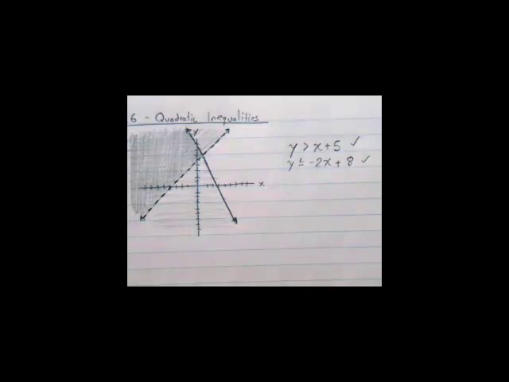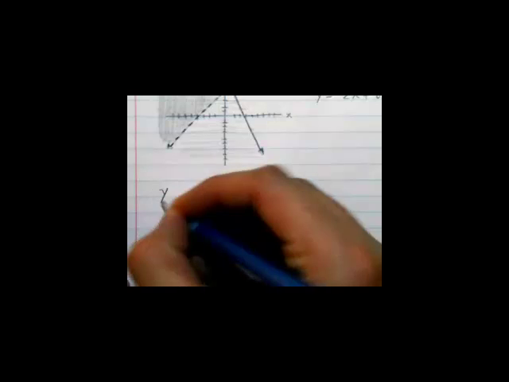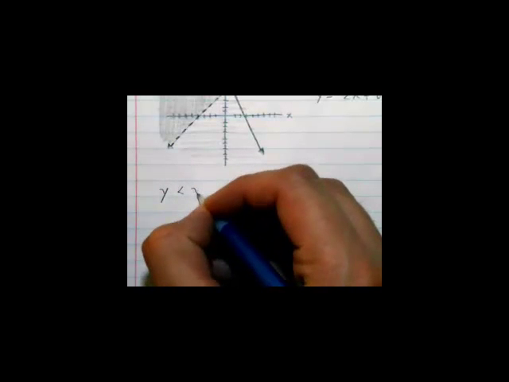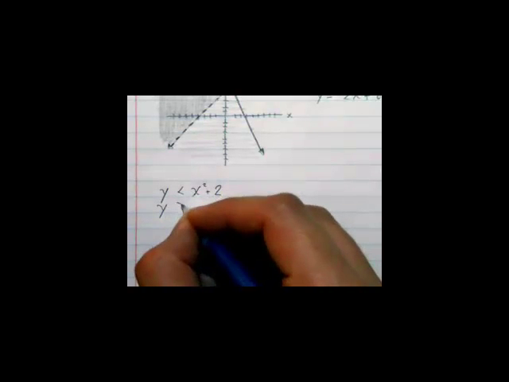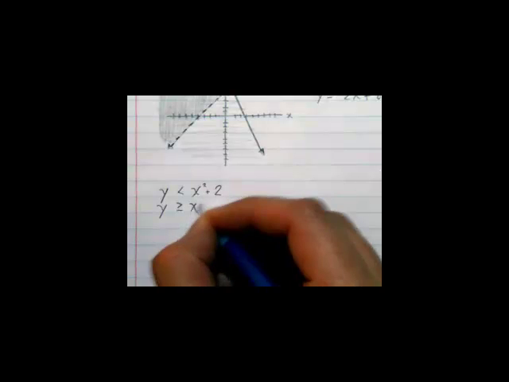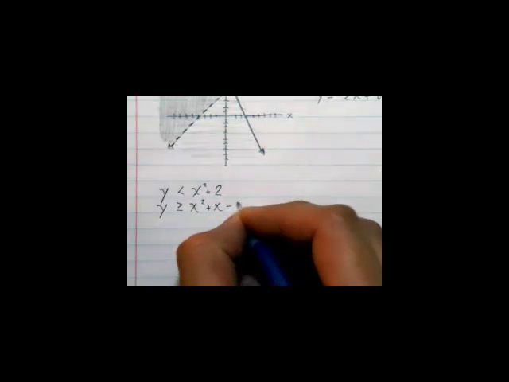So let's try one of those then. Let's say we've got y less than x squared plus 2 and y greater than or equal to x squared plus x minus 5. The inequality symbols just tell us how to shade, right?